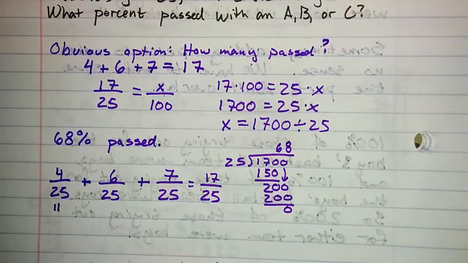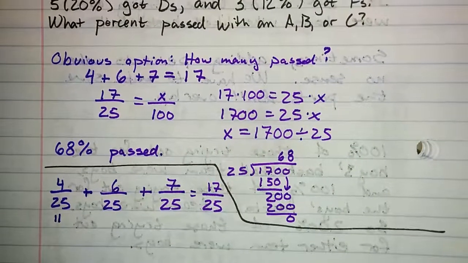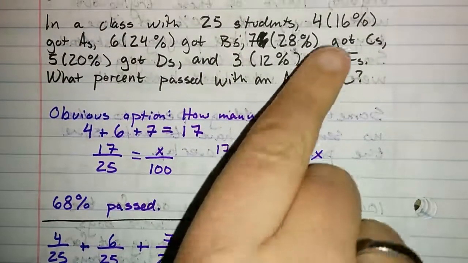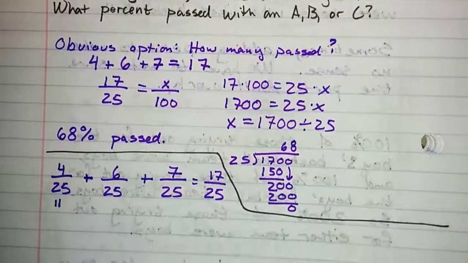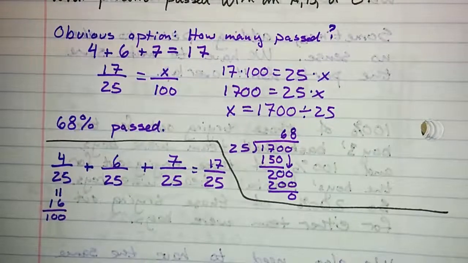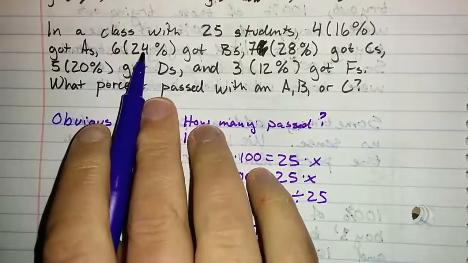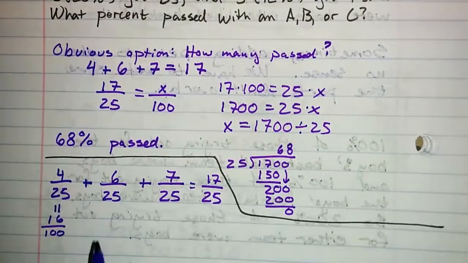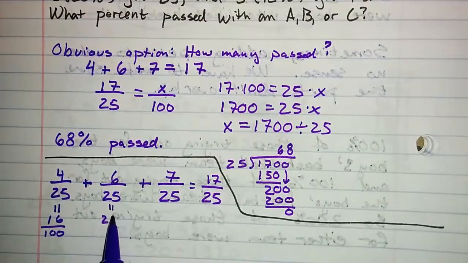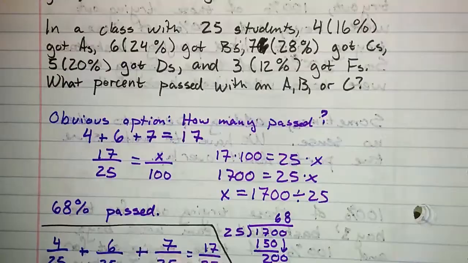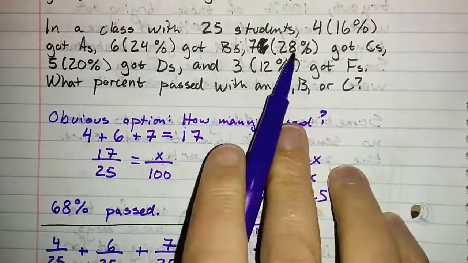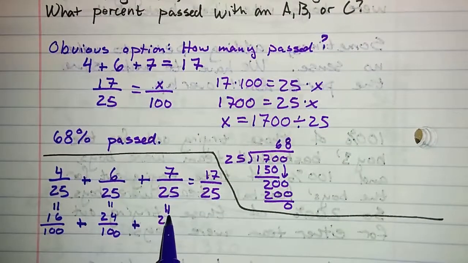But the story told me that 4 out of 25, that was 16%, 16 out of 100. The 6 out of 25, that was 24%, 24 out of 100. The 7 out of 25, that was 28%, that was 28 out of 100.